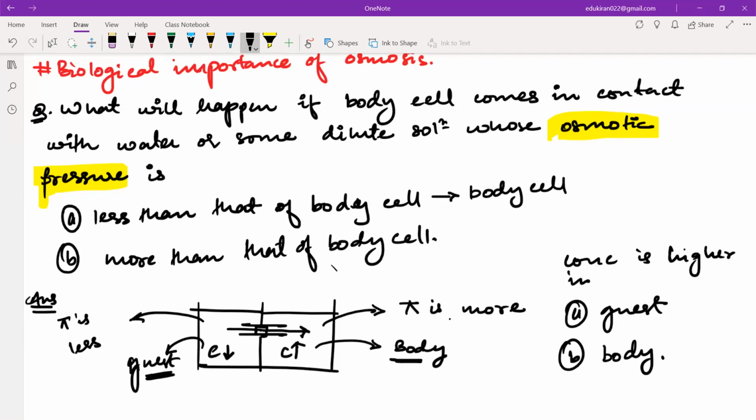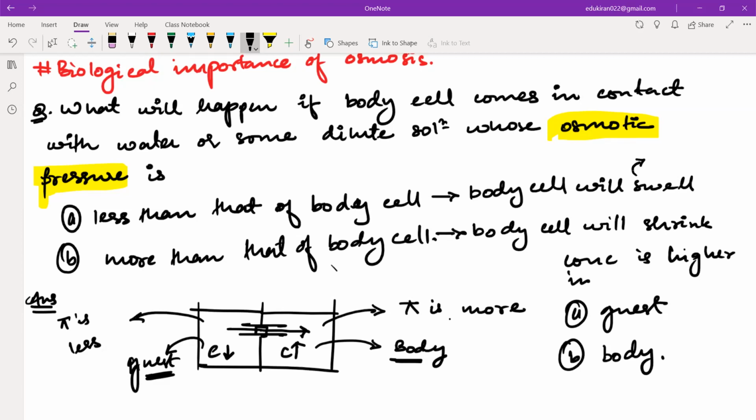It will gain size, so the body cell will swell. Now in this case, the body cell will shrink.